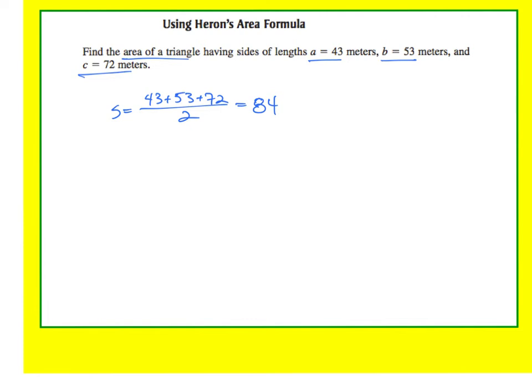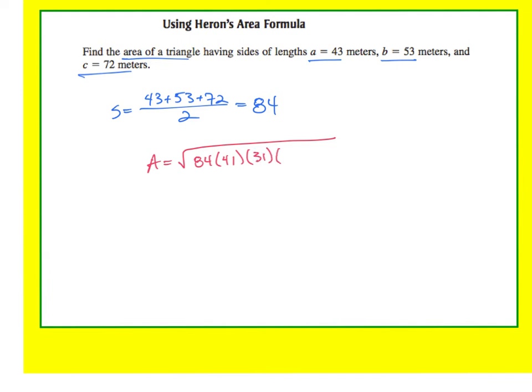All right. So now I can use Heron's formula. So I get area is equal to square root of 84 times, what is the S minus A? 41 times, what is S minus B? 84 minus 53 is 31.